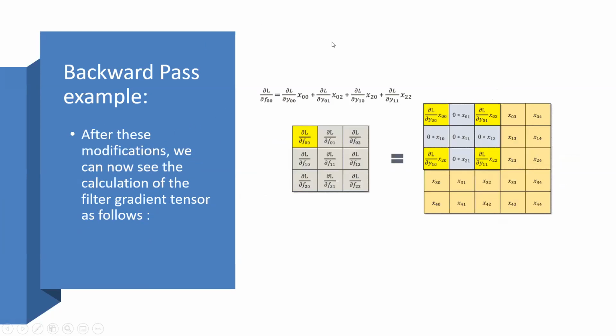And then after doing the dilation, we can see that the computation of the backpropagation is still a convolution, but this time we're convolving the input with the dilated version of the output gradient tensor. I hope people can see that.